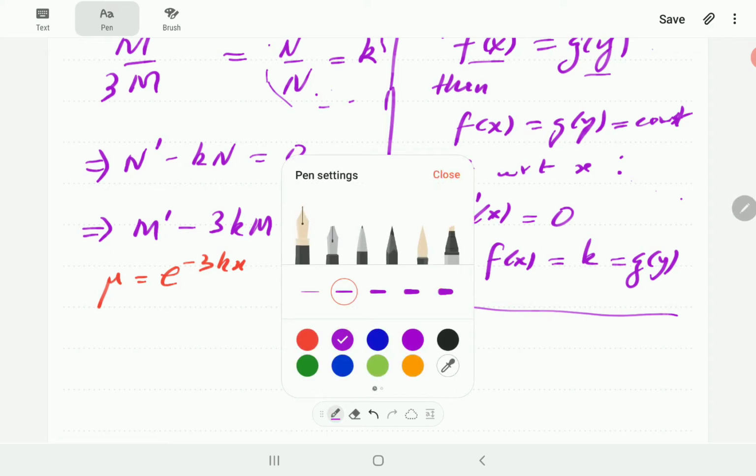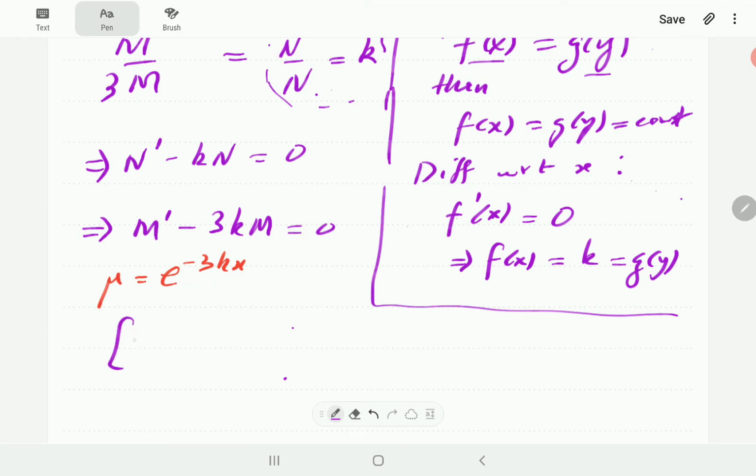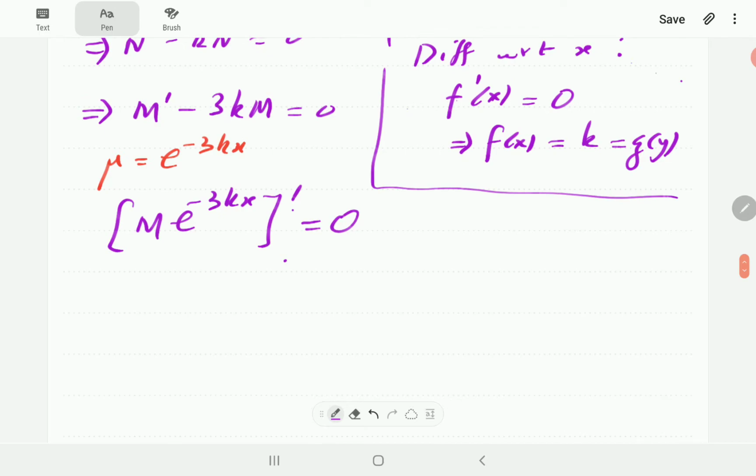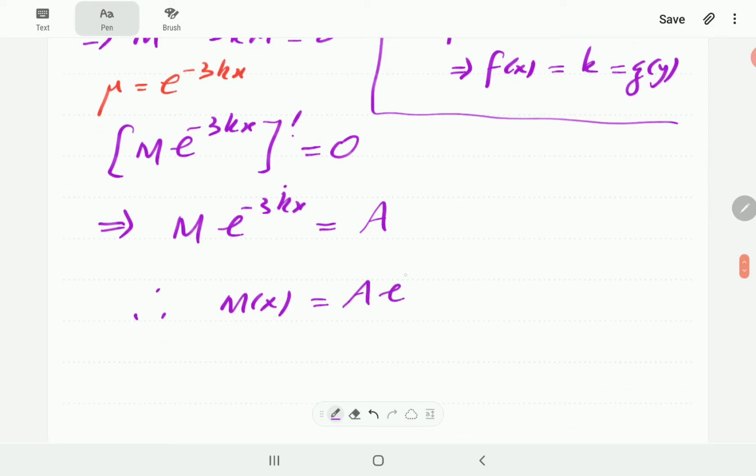Multiplying this ODE by this integrating factor, we're going to get m times e to the minus 3kx prime, so that's the derivative, is equal to 0. And then integrating tells us that this is going to be m times e to the minus 3kx is equal to a constant a, and therefore m of x is going to be a times e to the power 3kx, where both a and k are constants.